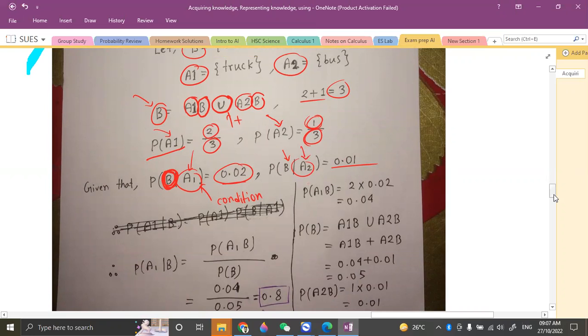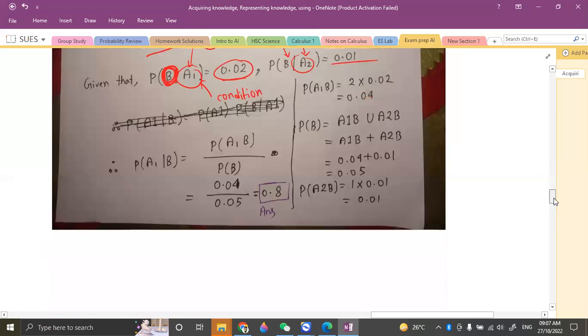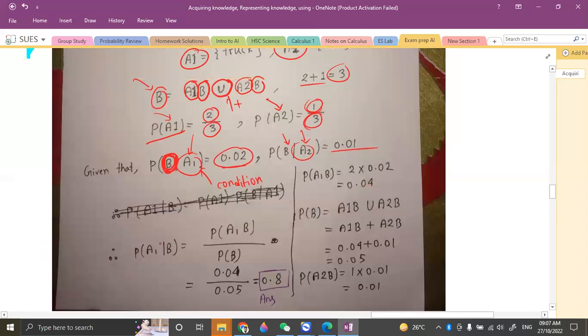Now we have to find what. Now there is a car stopping for repairs. Find the probability that the car is a truck. So you have to find the probability that this is a truck. And then, so you see here, the car is a truck, right? A1 is a truck.